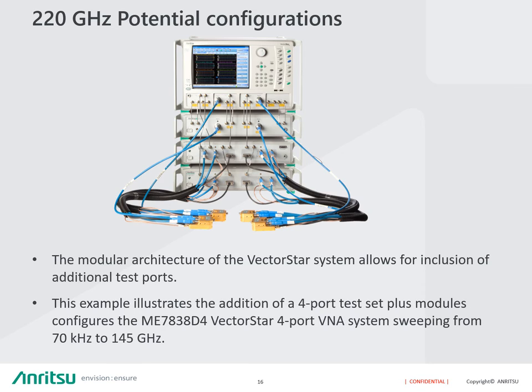The 220 system uses the same modular architecture, so the possibility to increase from a 2-port 220 to a 4-port 220 would exist by adding the additional test set and additional modules.